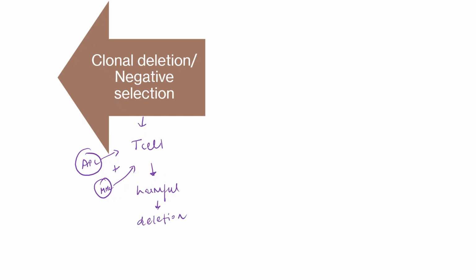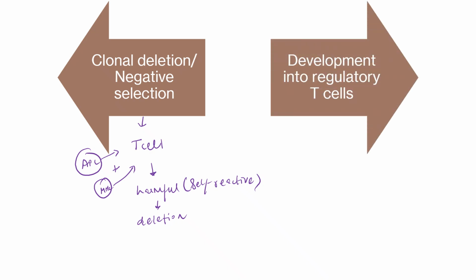What do I mean by harmful? If it becomes self-reactive and that is recognized in the thymus itself, it undergoes negative selection or clonal deletion. The second, where the mechanism is unknown, occurs exclusively in the CD4 plus T cells, which develop into regulatory T cells, and that is called development into regulatory T cells.